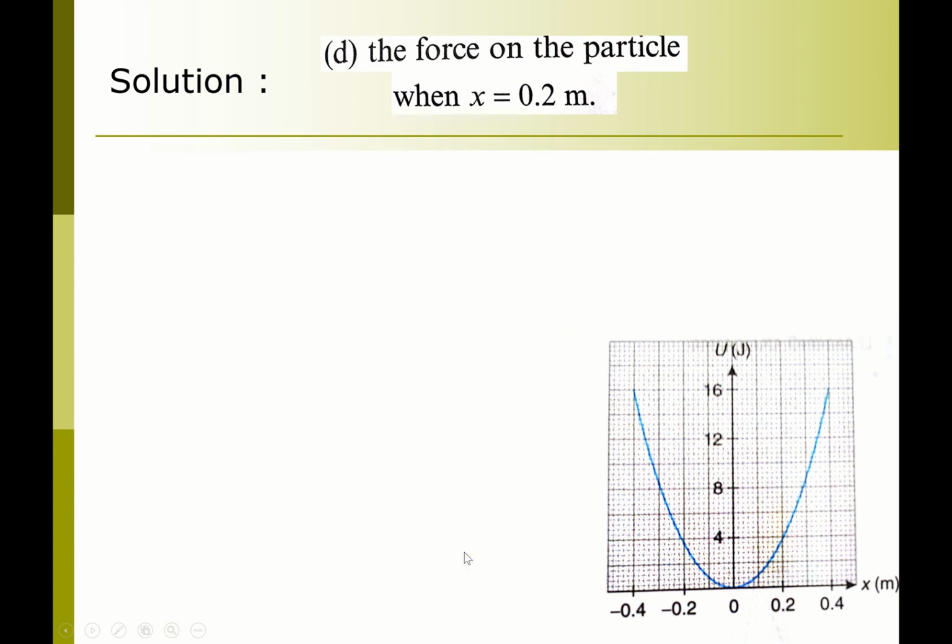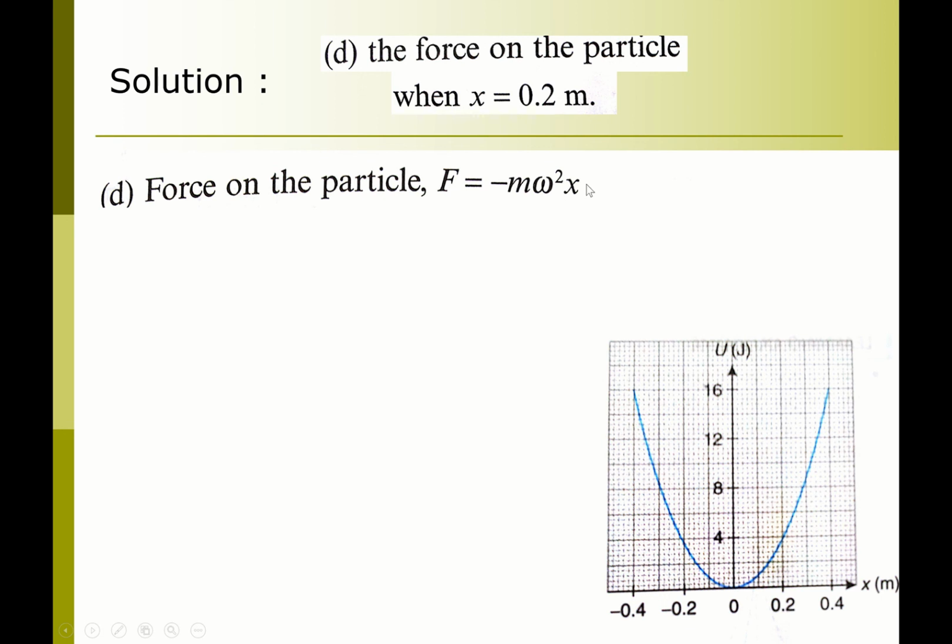Okay, next we calculate the force on the particle when x equals 0.2 meter. From the equation that we derived in the previous slide, force equals negative m omega squared x.